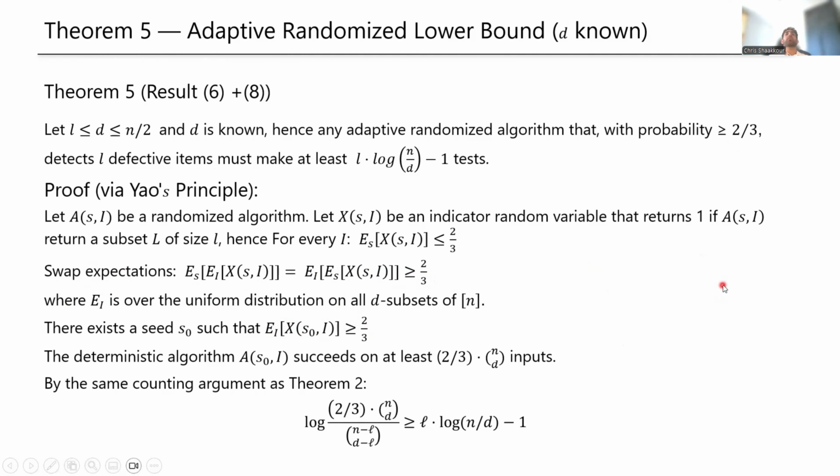So the deterministic algorithm A(S0,I) succeeds on at least 2/3 of the overall input group.